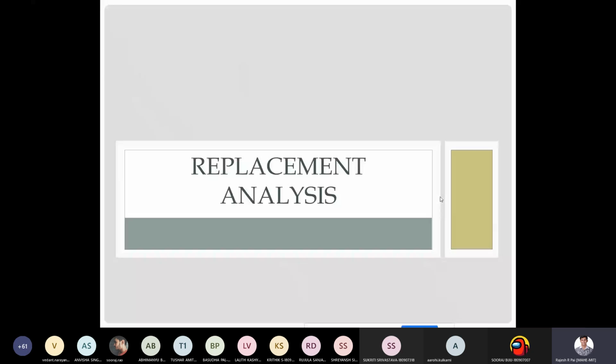Replacement analysis basically compares two alternatives, where one alternative is already existing or in use, and you compare that existing machine with a newer machine which is available in the market.